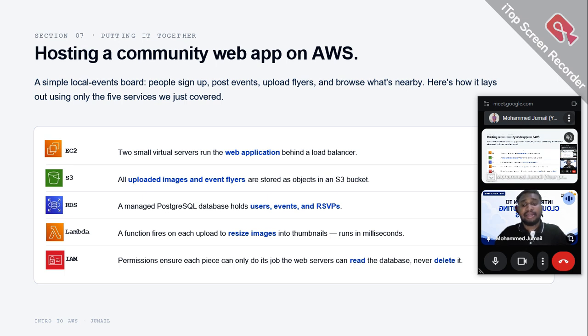RDS manages the PostgreSQL database that holds user events. Next one is Lambda. Functions fire on each upload and resize images into thumbnails. Last one is IAM. Permissions ensure that each piece can only do its job. Web servers can read the database, but never delete.